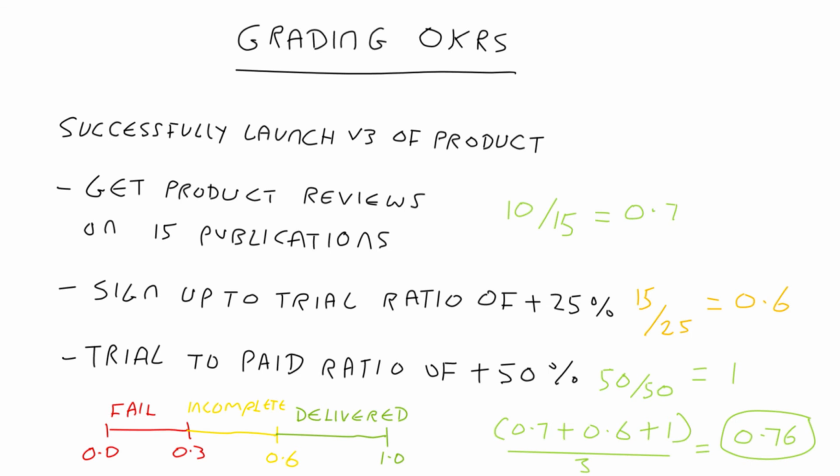For example, let's say that for your first key result we only got 1 publication out of the 15, but the 1 is a really highly sought after publication, such as a cover page on Wired magazine. In that case, your raw score for the key result would be 0.1, but you might give yourself a 0.7 because you were able to get that highly coveted coverage that everyone else was after.